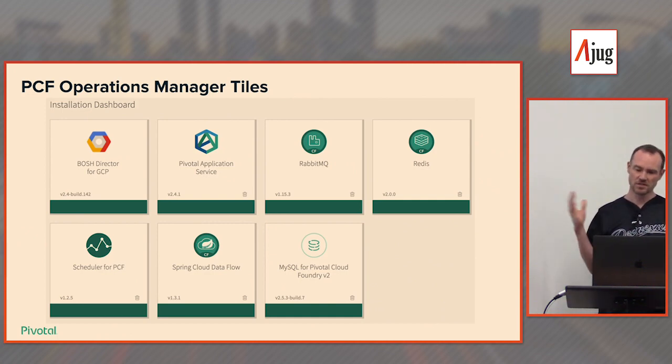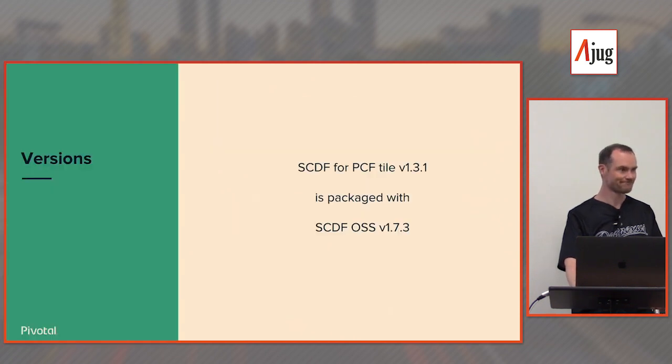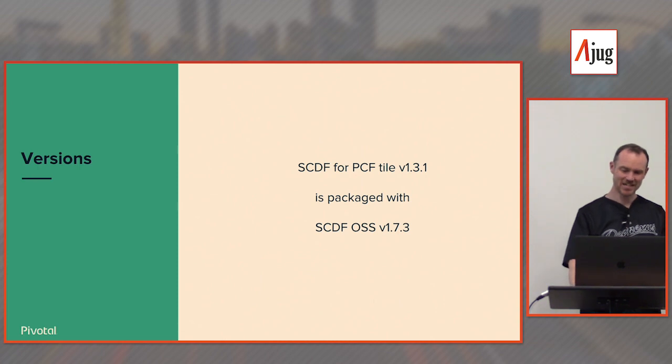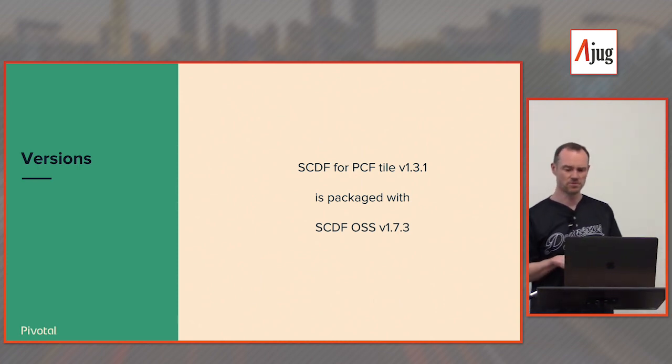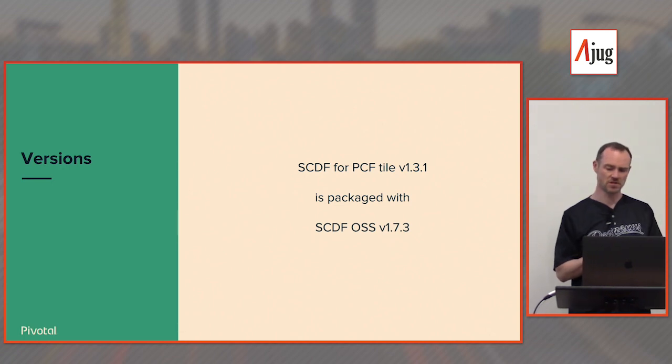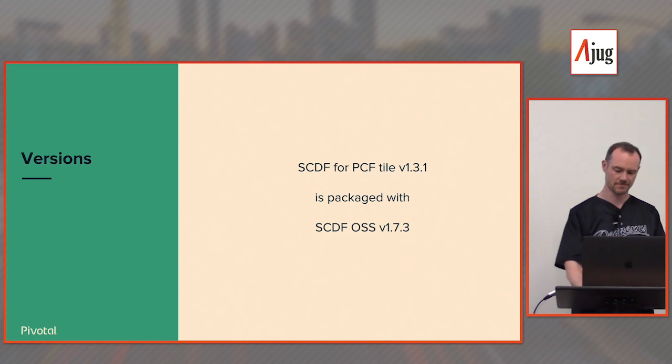And so you upload that tile into Operations Manager and then install it, and this is what you get after you've installed all of these things. I bet it's hard to install. So as we just mentioned, the current tile, which is actually 1.3.2, is packaged with the OSS v1.7.